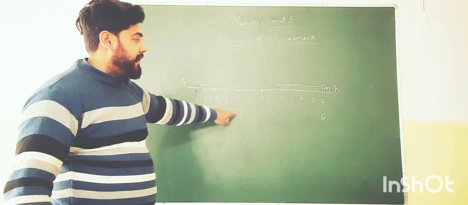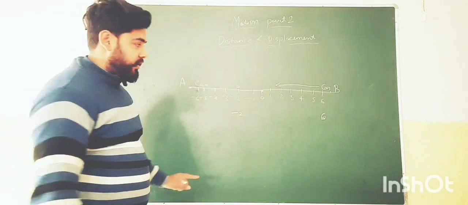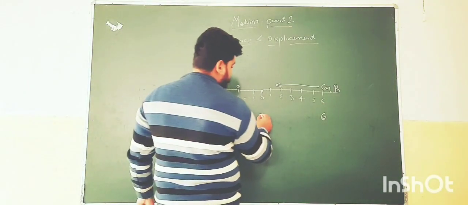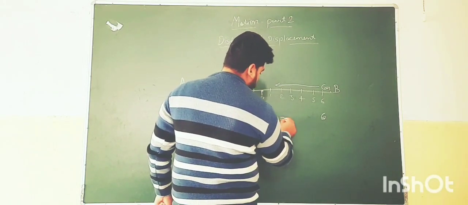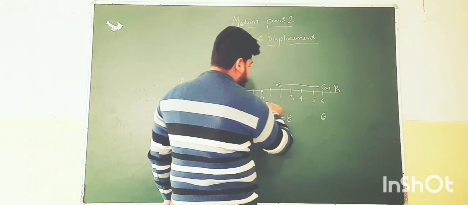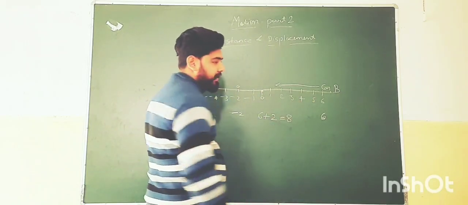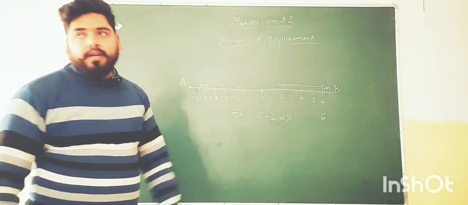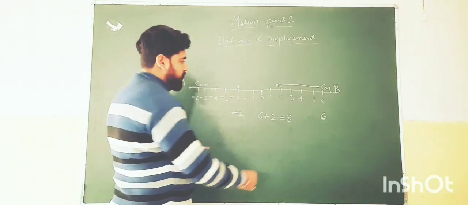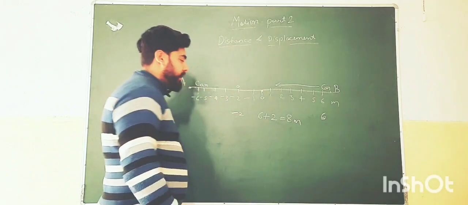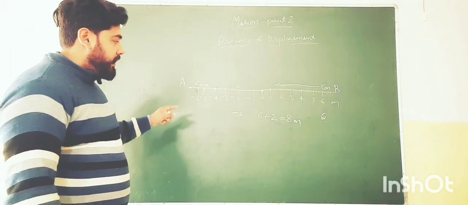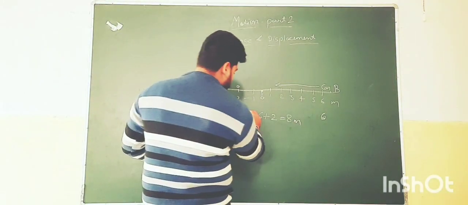Here we don't have to know about the direction, so we directly sum it. Total distance will be 6 plus 2, there will be 8. If it is in centimeter, we put centimeter; if it is in meter, we put meter. That is the unit. If this scale is in meter, then the distance is 8 meter.